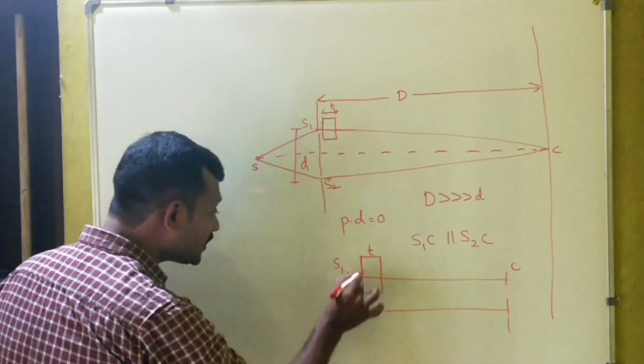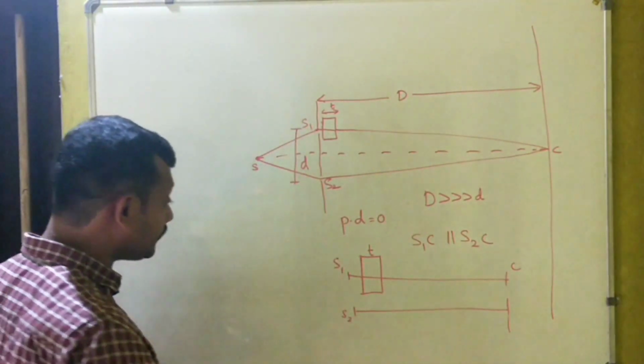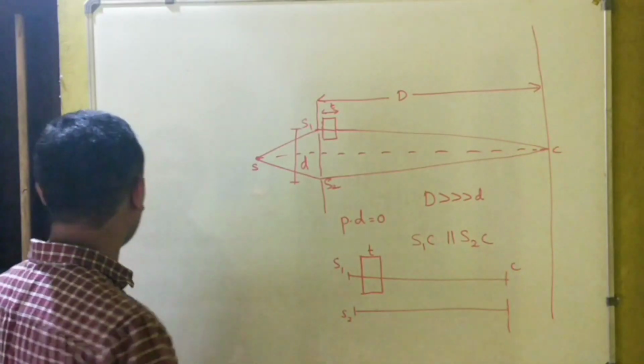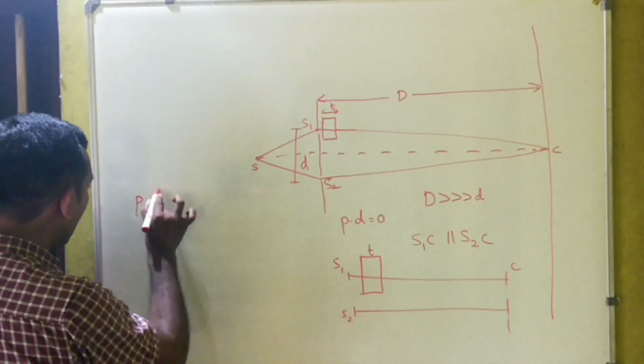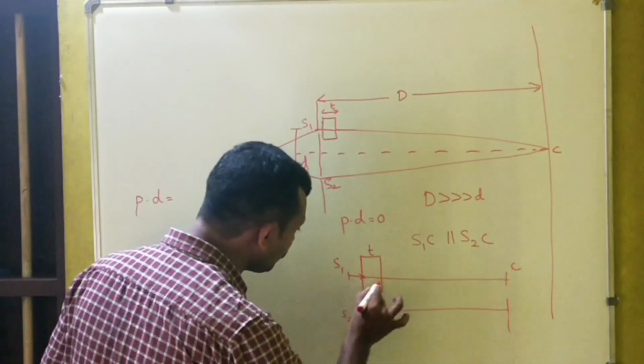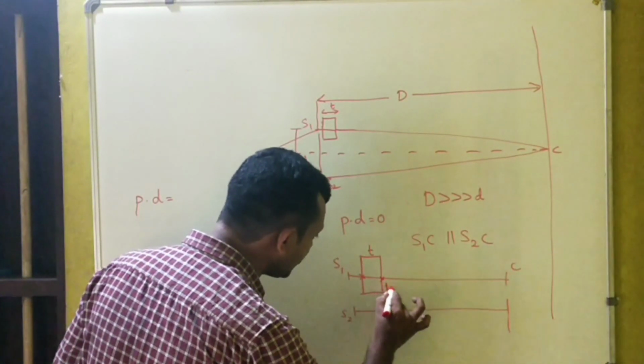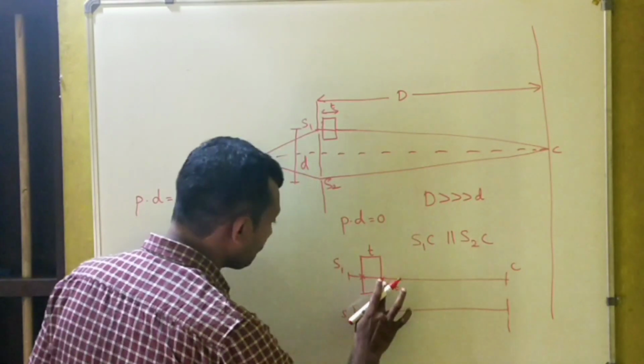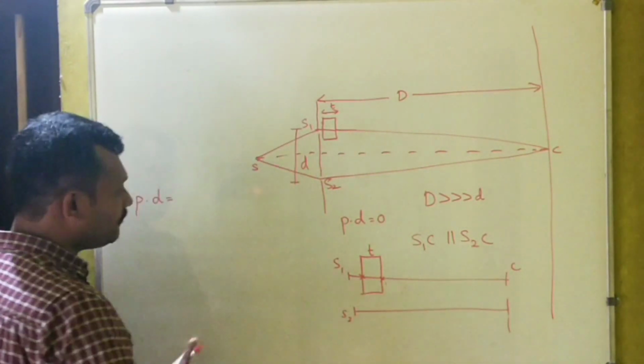So the introduction of this will surely create a path difference, as we have just seen. In this case, what will be the path difference? If this reaches at time 0, this reaches at time t1.